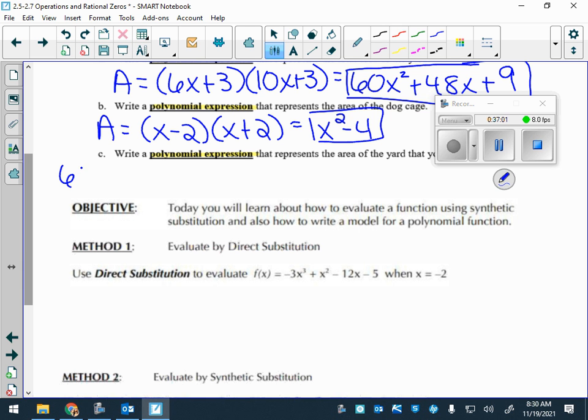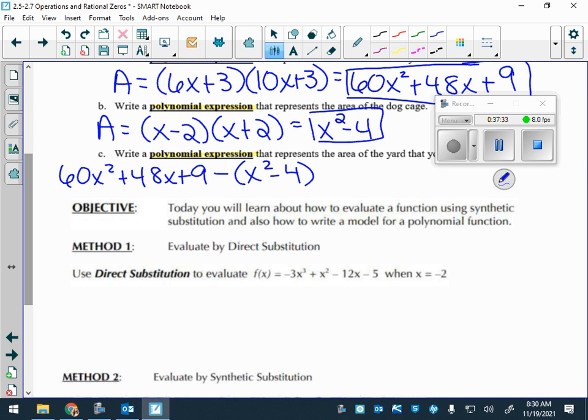So how I set this up, why do I have parentheses around x squared minus 4? Perfect. So the negative is distributed to both x squared and negative 4.